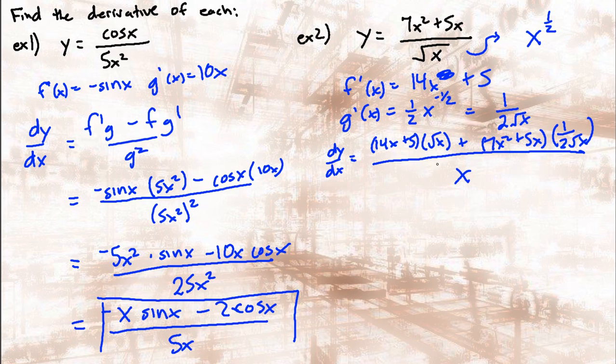We could distribute that right there. I don't really know that is worth it, but I'll go ahead and write it anyway. We would get 14x root x plus 5 root x plus 7.